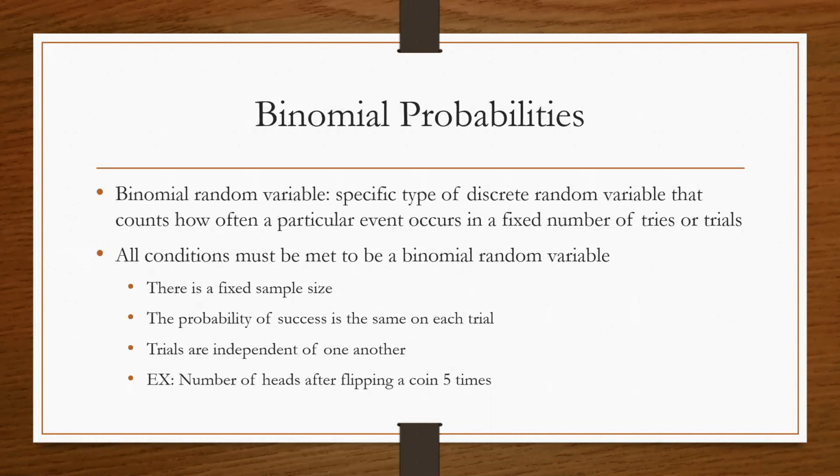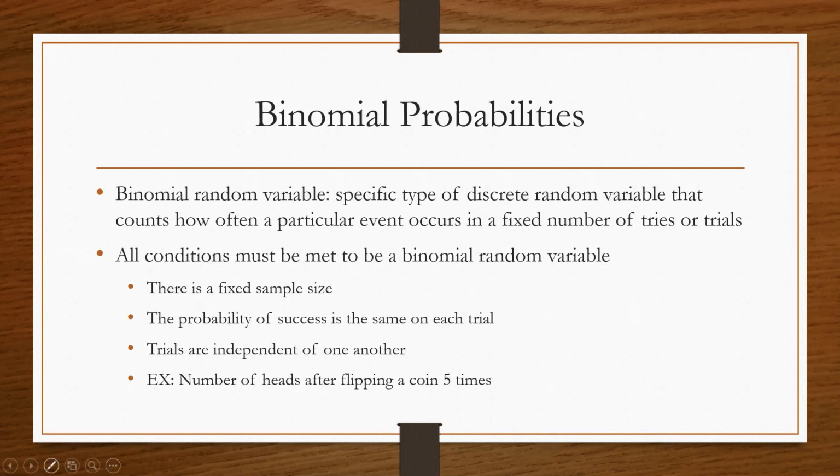Every single time that an event occurs, there's still going to be the same chance that one thing is going to happen compared to the next. There's no changing of anything, and the trials are independent of one another. So basically, you're not just building on it. It's completely random.